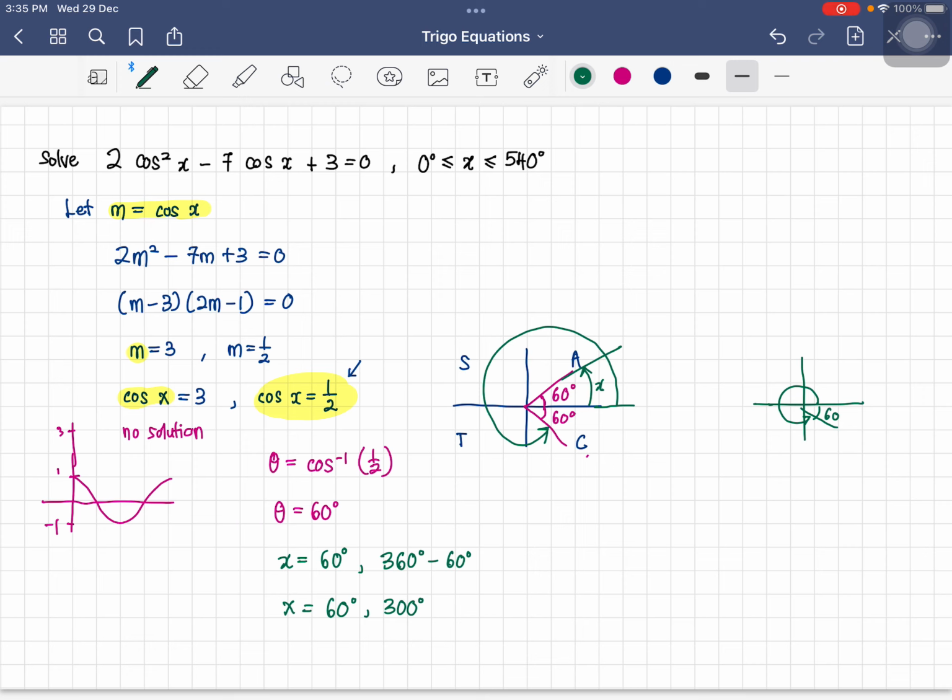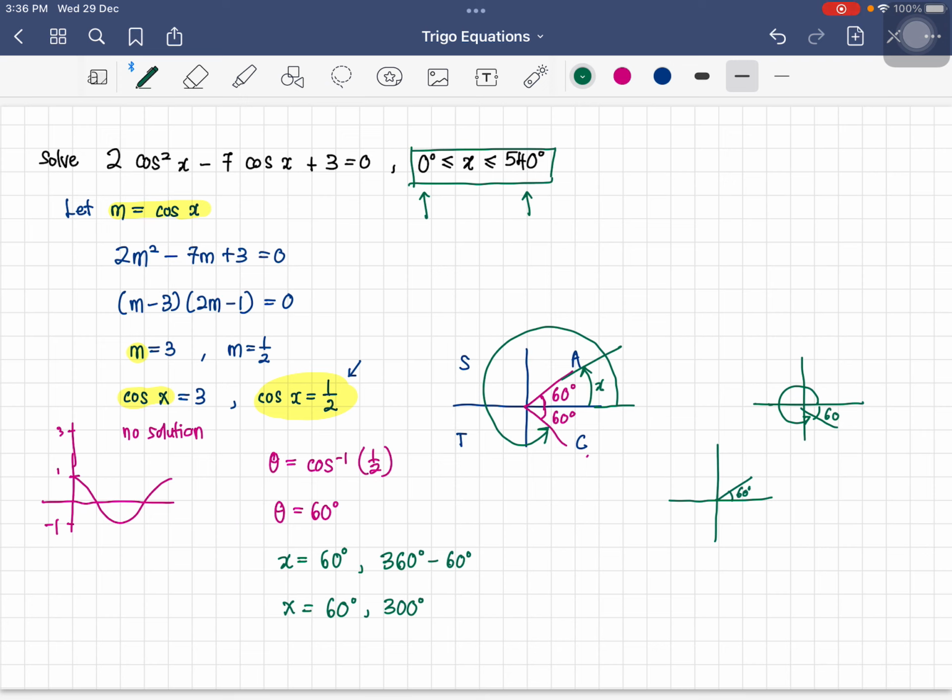Are we done? Please take note of the domain of x. The question asks us to find the values of x that satisfy the inequality from 0 until 540. How do we get those values? You just need to imagine, this is 60 degrees.